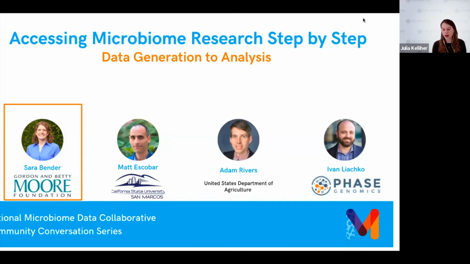And then we have Adam Rivers from the USDA, who will be discussing accessibility to microbial sequencing and cost reduction strategies. And lastly, we have Ivan Liachko, the CEO of Phase Genomics, who will be discussing accessibility in private sequencing and some new really cool sequencing technologies. And with that, we will start with Sara's slides.